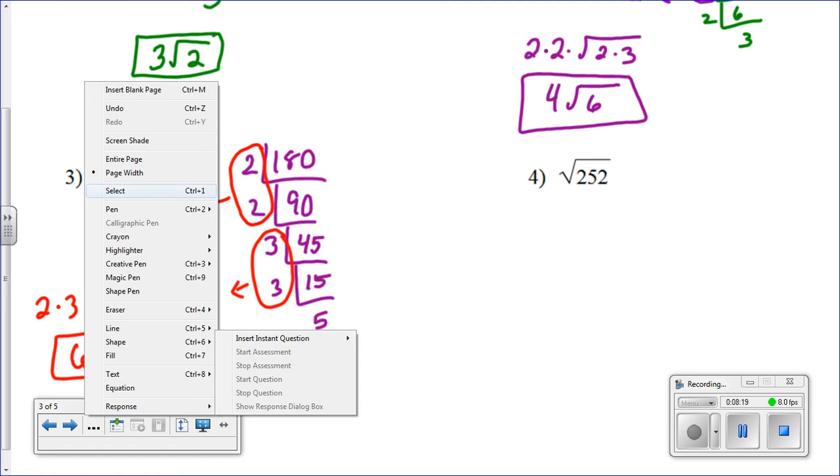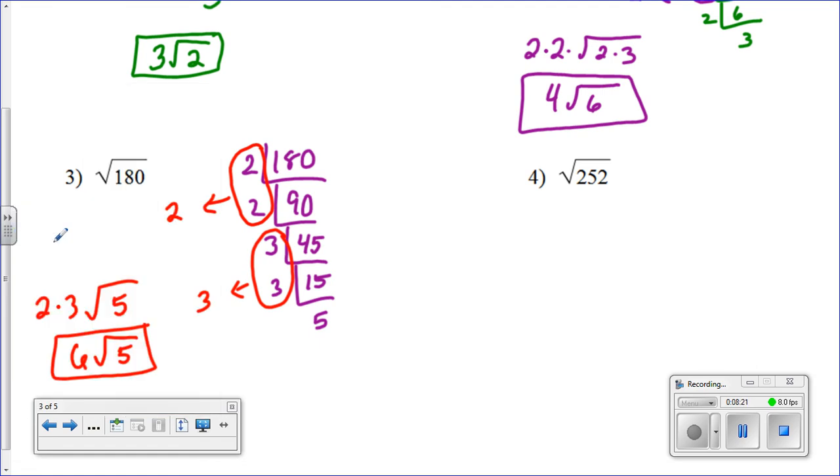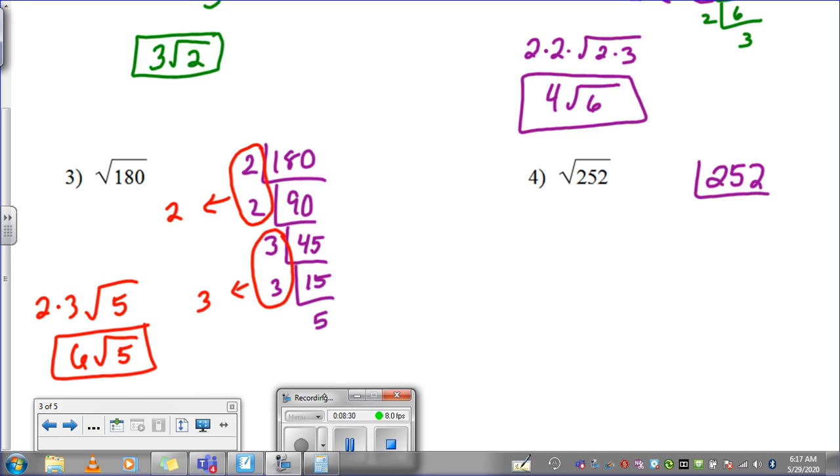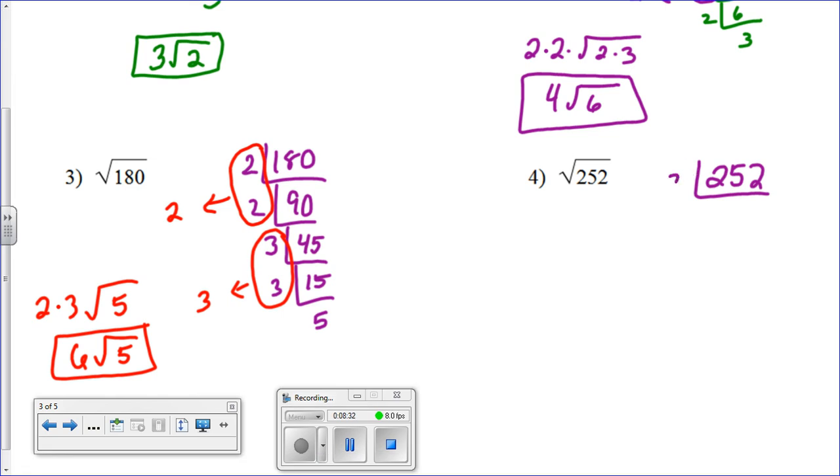Okay, let's do this again. I'm going to do a few more to help you feel comfortable with it. So we have 252, and we're going to do the prime factorization. So 2 goes in there, let's see, 2 goes into 2 once with nothing left over. 2 goes into 5 twice with 1 left over. 2 goes into 12 6 times.